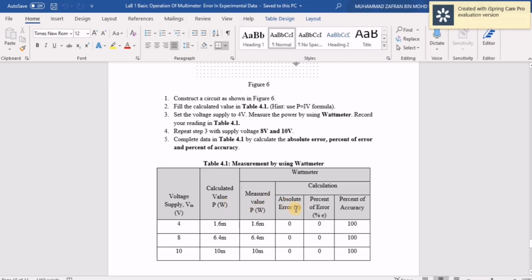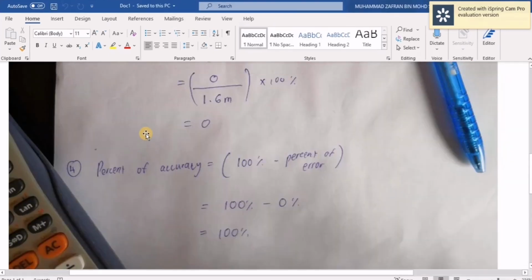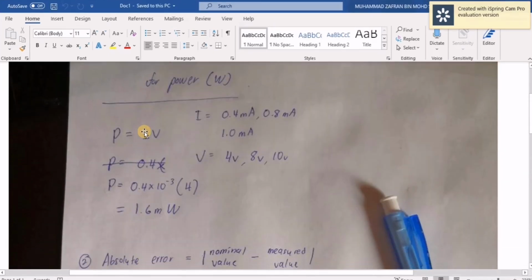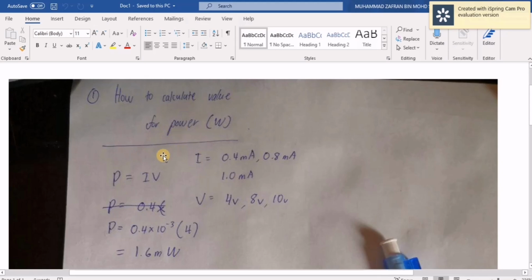For the calculated value, we use the formula P equals IV, where I is current and V is volt. The volts that we use are for the power supply, which is 4 volt, 8 volt and 10 volt.